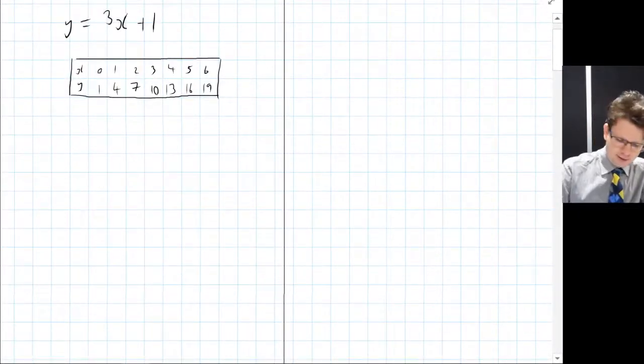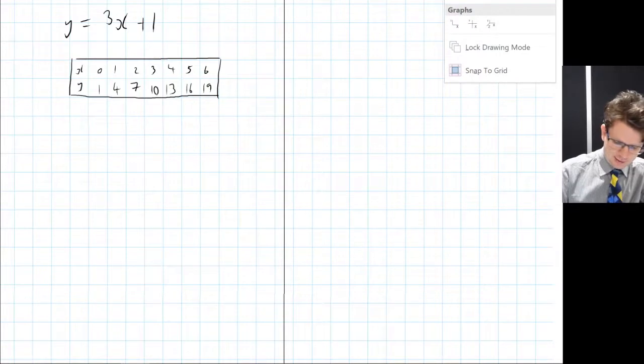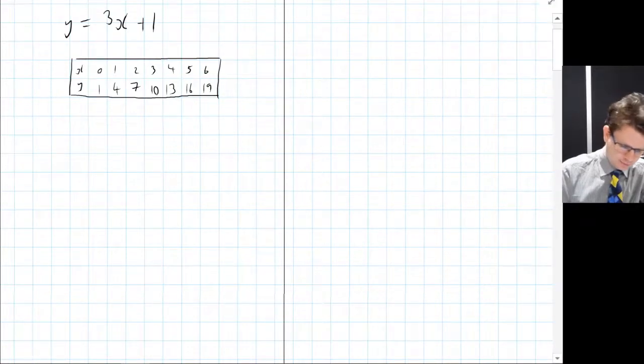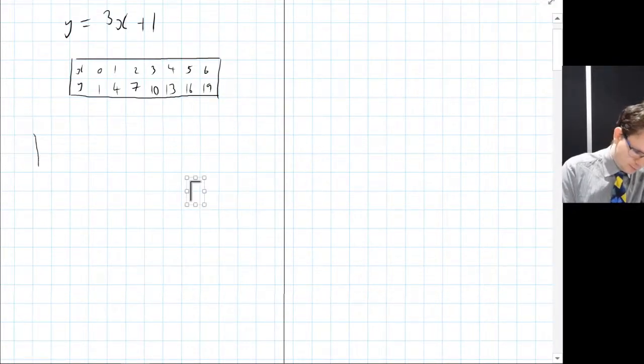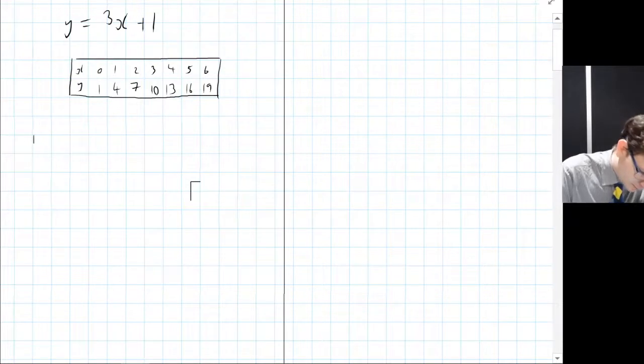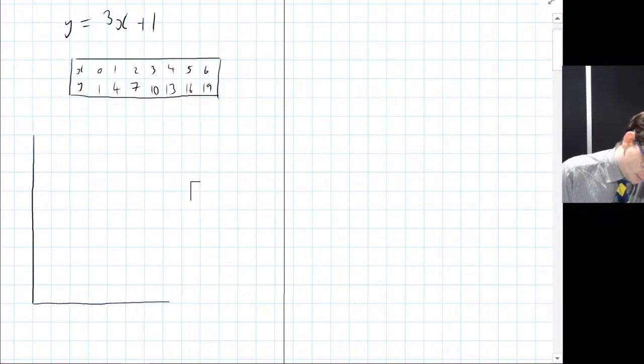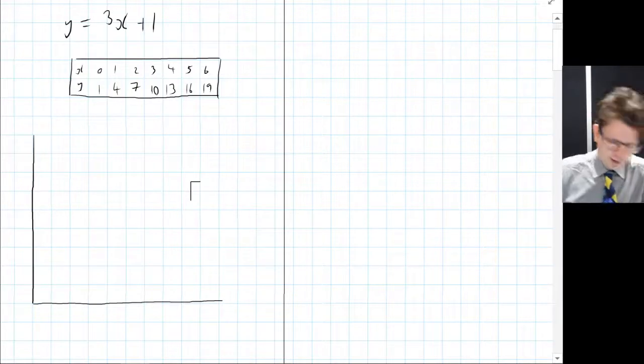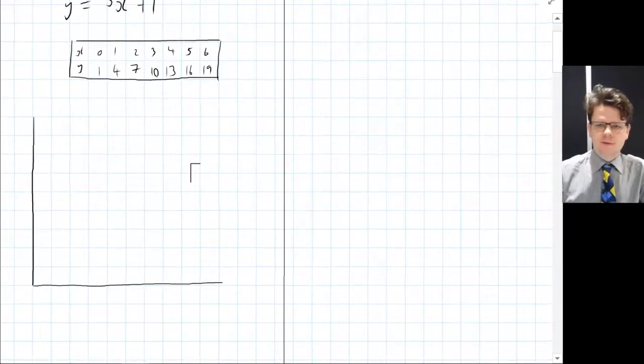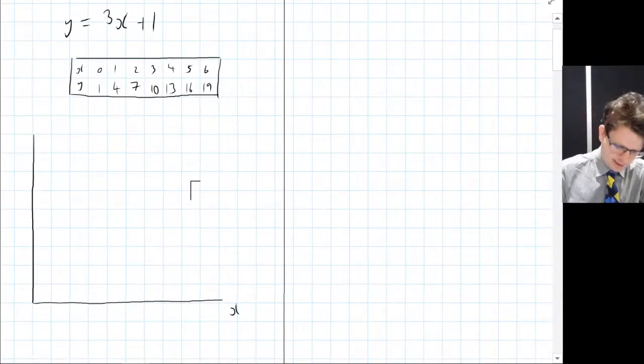So, first of all, let me draw up my axes. All the way down, give myself plenty of vertical room, and then I'm going to go across this way. Alrighty. So, first of all, let's label our x and our y. So x is down here.